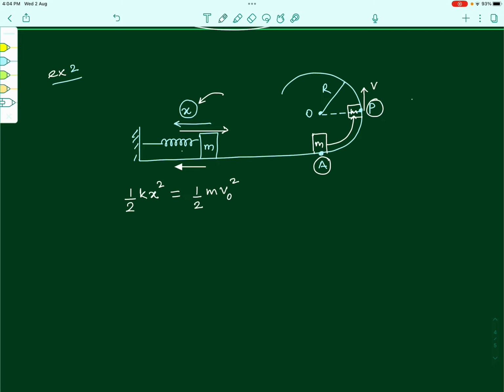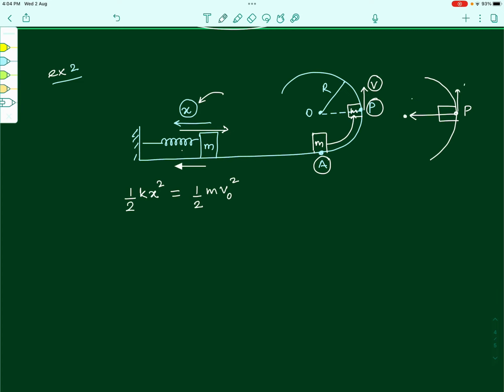Now, due to the velocity v that the bob has at the point P, if I draw this figure separately over here, at the point P, when the bob is like this and moving up, do we understand that the bob will require a centripetal force which needs to act on it? What is the nature of this centripetal force here?